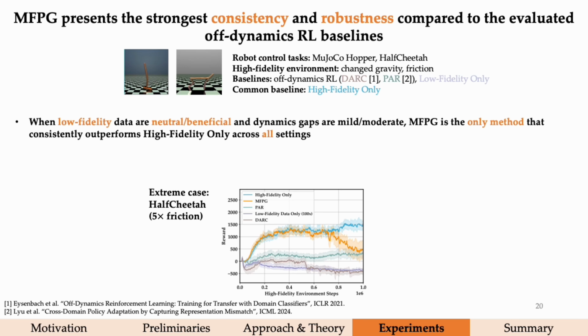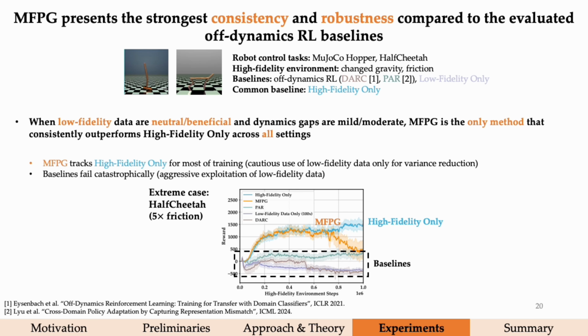When low-fidelity data are harmful, illustrated by this extreme mismatch case, MFPG tracks the high-fidelity only baseline for most of training, while the other baselines fail catastrophically, demonstrating the strongest robustness of MFPG among the evaluated methods. The difference comes from design philosophy.